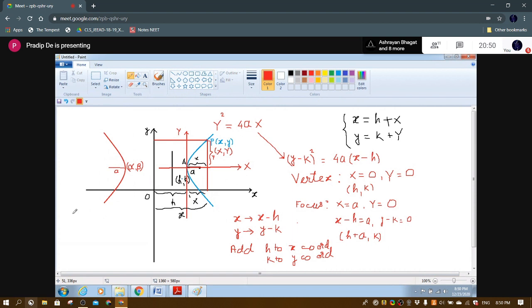Now tell me what is the equation. y minus beta whole square is equal to minus 4a into x minus alpha. Are you getting the idea now? Yes. How quickly you can get the equation?